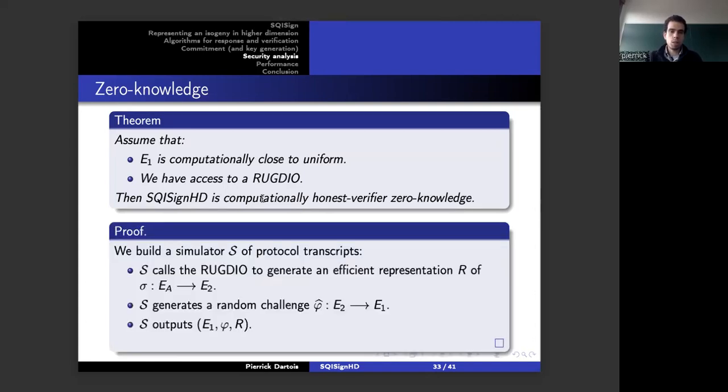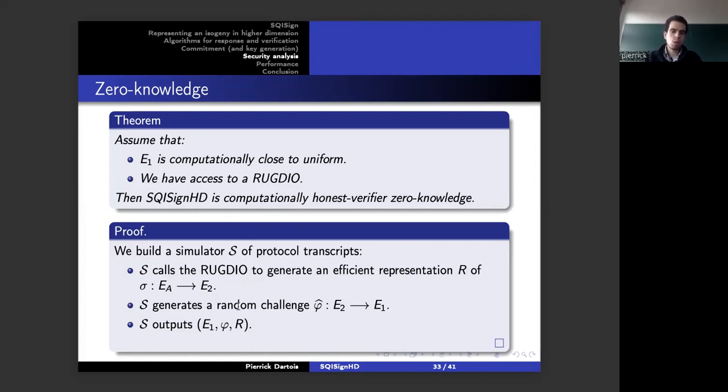Meaning that we can simulate transcripts without using the secret key, with the same distribution as the protocol, or at least a computationally indistinguishable distribution. The simulator uses the oracle to get a representation of an isogeny which has the same distribution as in the protocol. The oracle was designed for that.